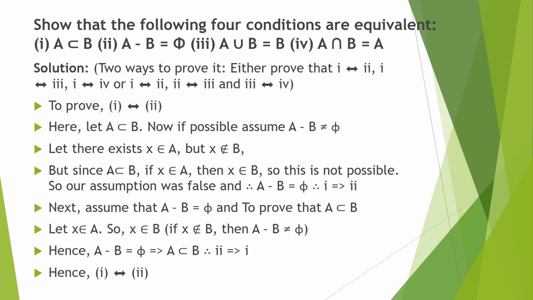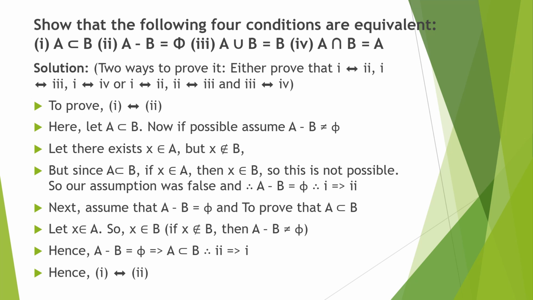Anything can be done. So first of all, we prove that 1 double implies 2, meaning 1 implies 2 and 2 implies 1. To prove 1 implies 2, let us assume that A is a subset of B. Now we want to prove A minus B is the null set. If possible, assume A minus B is not the null set. That means there exists some element X such that X belongs to A and X does not belong to B. What is A minus B?